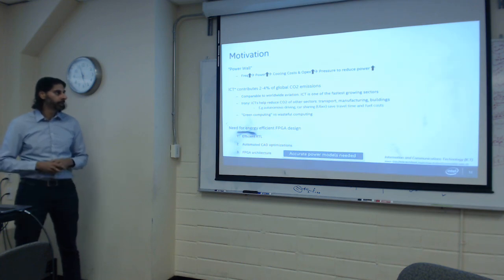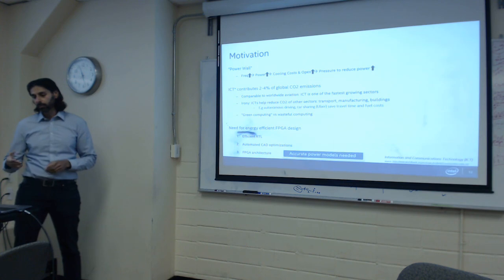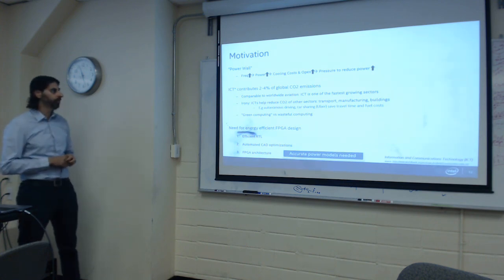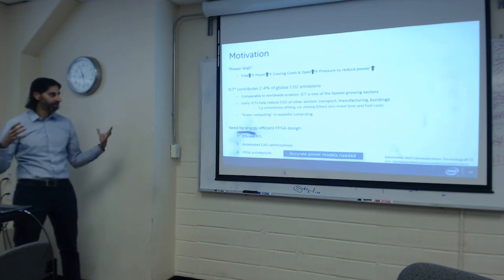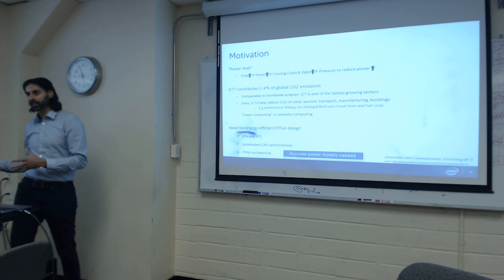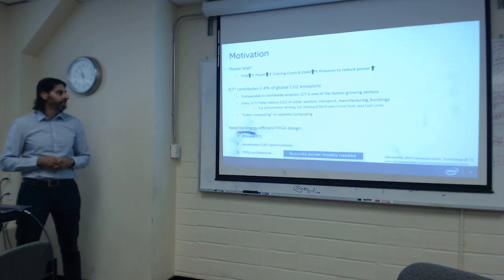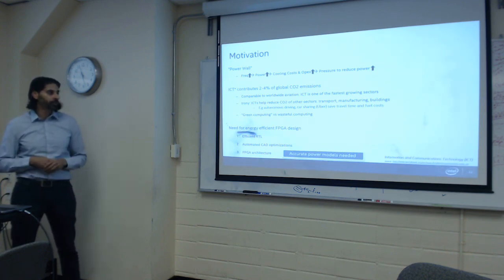Data centers, CPUs, and so forth. And right now, ICT is 2 to 4% of global CO2 emissions, and just for perspective, that's equal or comparable to worldwide aviation. So it's not negligible. I mean, it seems small, 2 to 4%, but that is considerable if you look at the scale of things. And it's also one of the fastest growing sectors.